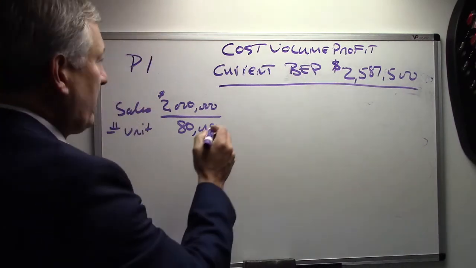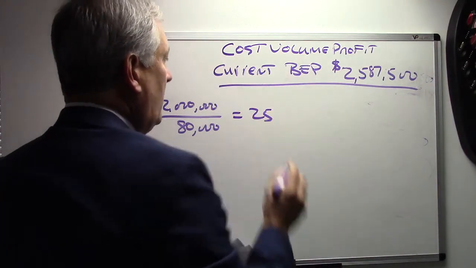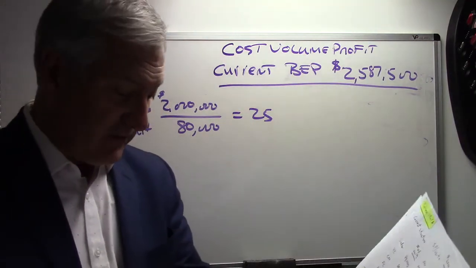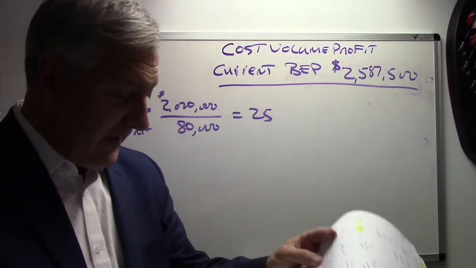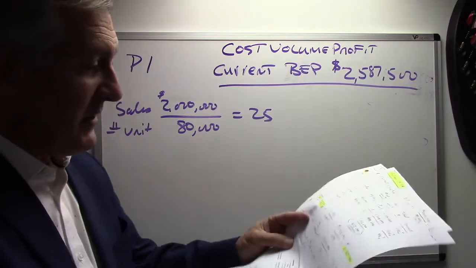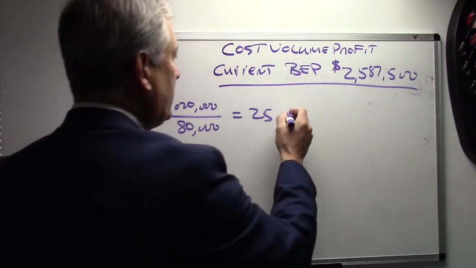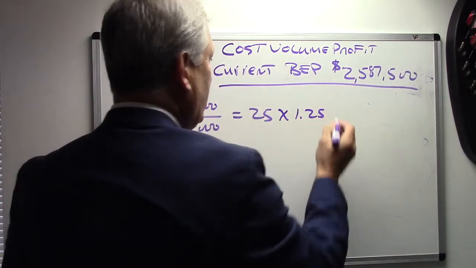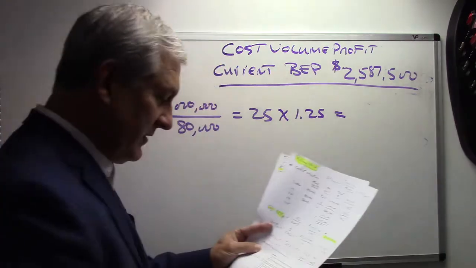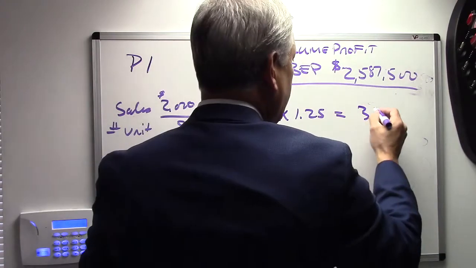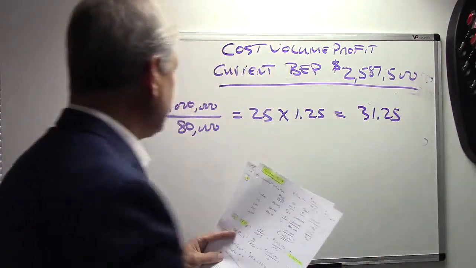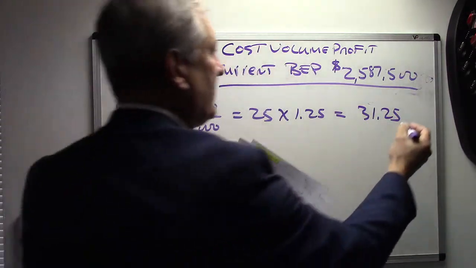So the sales price was originally $25. They want to increase the unit selling price by 25%, so times 1.25. The new selling price is going to be $31.25.